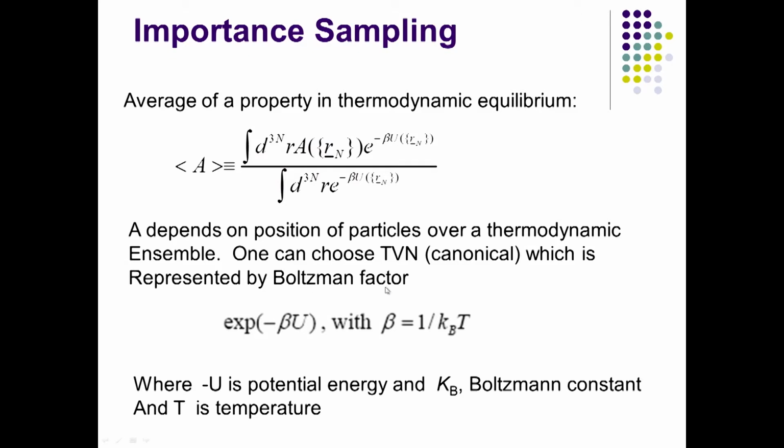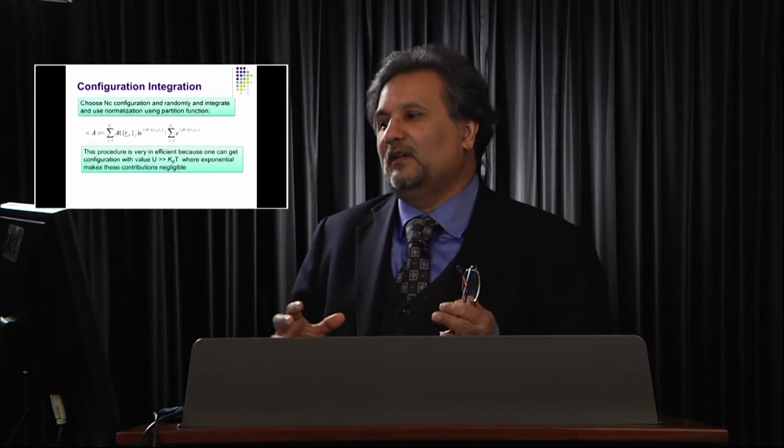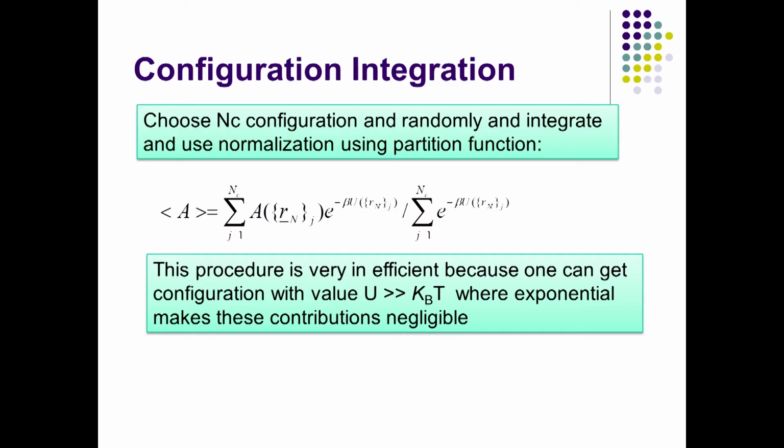Exponential of minus beta U is that Boltzmann factor, where U is potential energy, k_B is the Boltzmann constant, and T is the temperature. With that understanding, we can now use our formulation purely from the perspective of the position vector of the particles, where we can choose n_c such configurations randomly, integrate, and use a normalizing function, the partition function, over all particles.